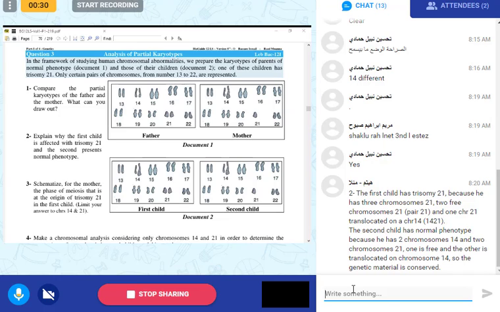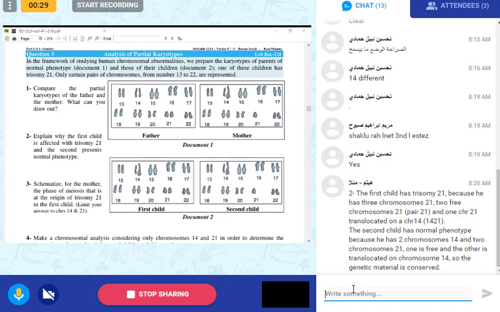The first child has a trisomy 21 because he has 3 chromosomes 21: 2 free chromosomes 21, pair number 21, and 1 chromosome 21 translocated on a chromosome 14. They write it here 14 to the power 21.